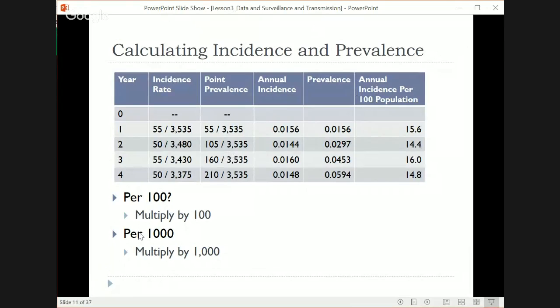So if we were going to do per 100, we would take the 0.0156 and times it by 100. If we were going to do per 1,000, we would take 0.0156 times 1,000.